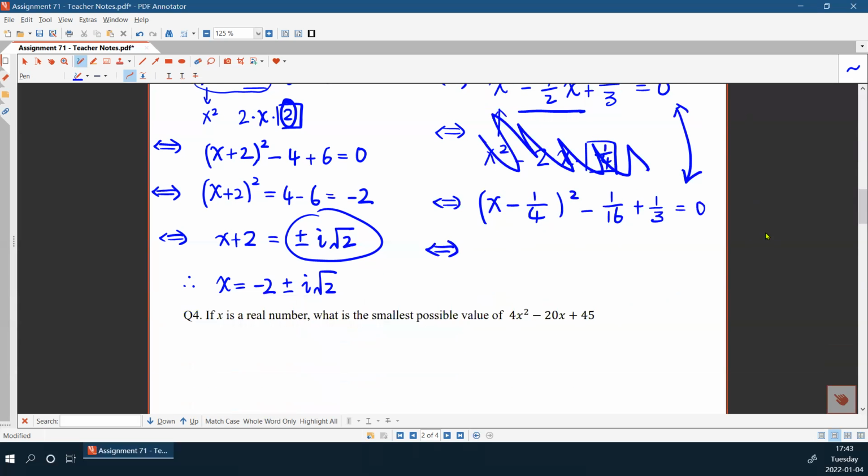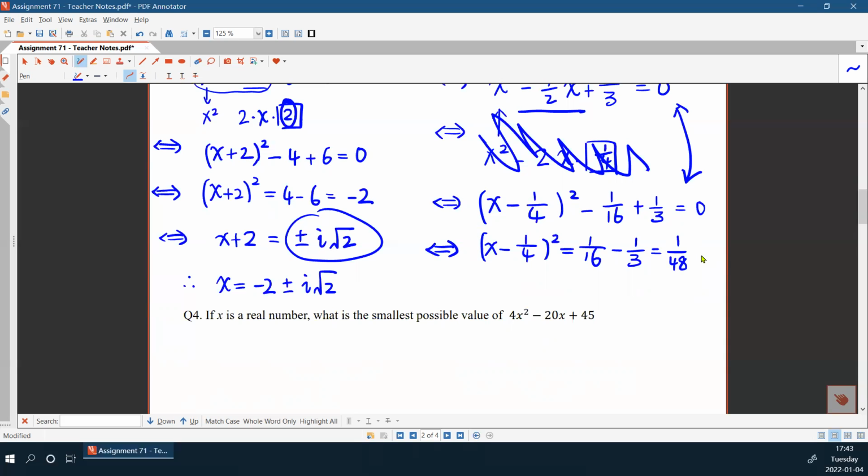Then for the new equation, we can move all the constants to the other side, which means (x - 1/4) squared equals 1 over 16, then -1 over 3. Okay, so we need to rewrite this with the common denominator. The common denominator of 16 and 3 apparently is 48, right?